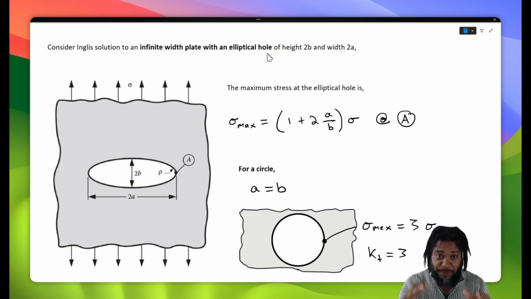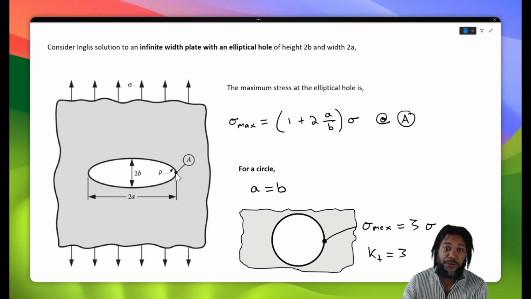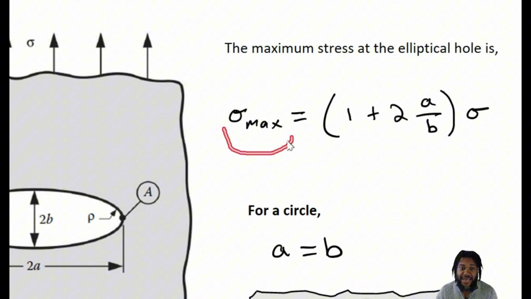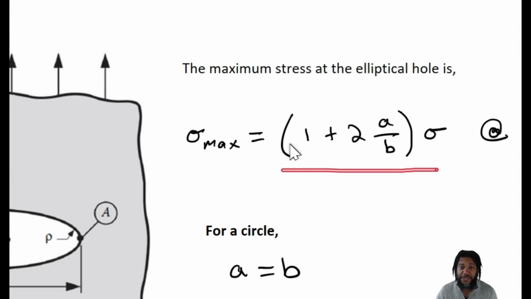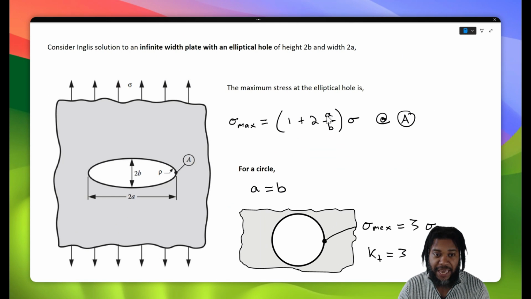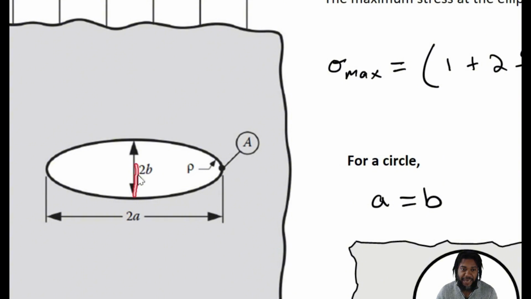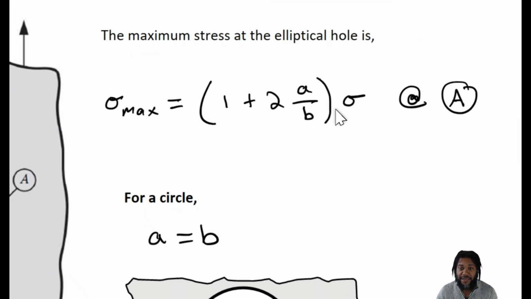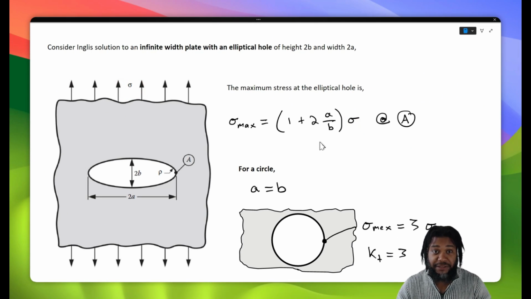Now, if we choose one location, which is the edge of our elliptical hole, we can find that the maximum stress at the edge of that elliptical hole is equal to 1 plus 2 times a, which is half of the width of the elliptical hole, divided by b, which is half of the height of the elliptical hole, all of that times our remote stress that's applied remotely, very far away from this elliptical hole.